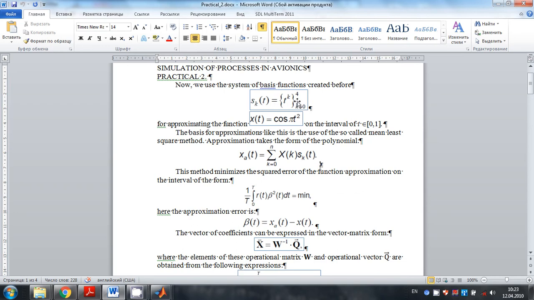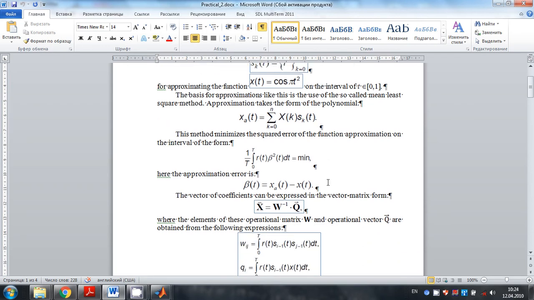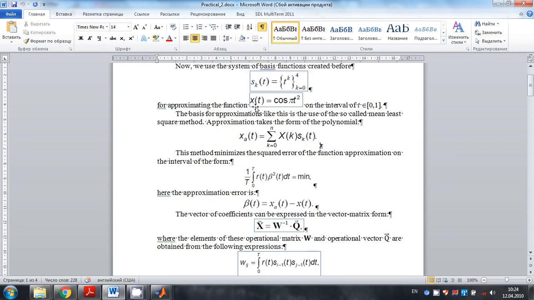So the interval was from 0 to 1, and we've obtained the vector of coefficients x to represent the signal, to decompose the signal by these basis functions in the form of a polynomial.